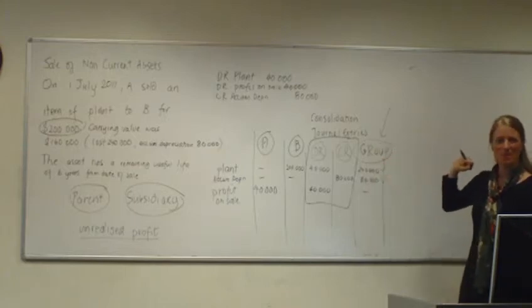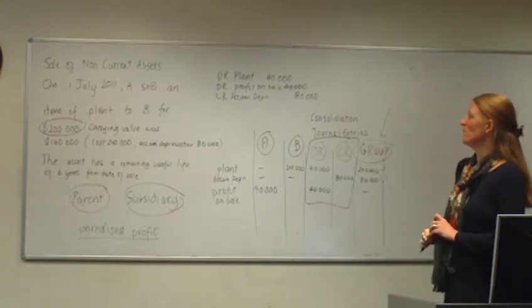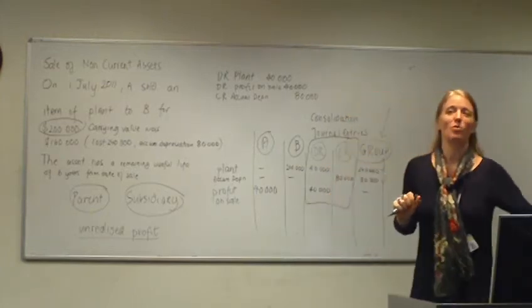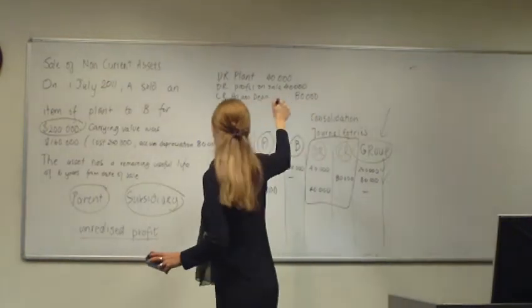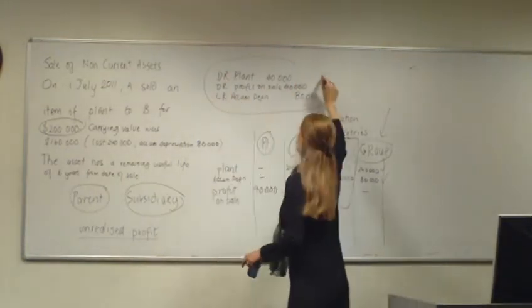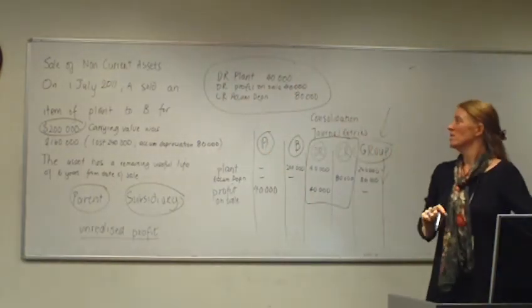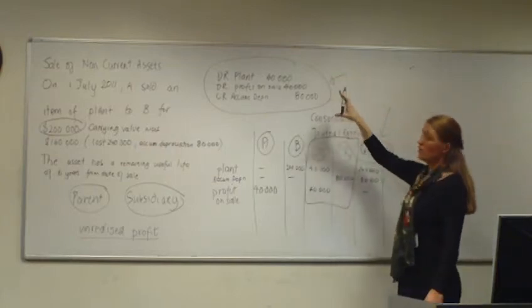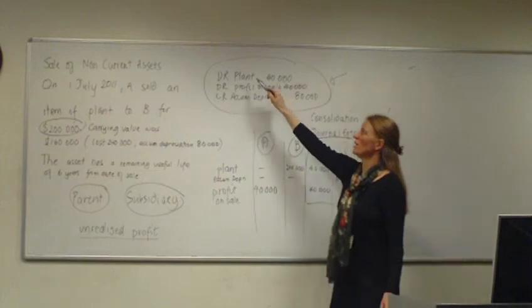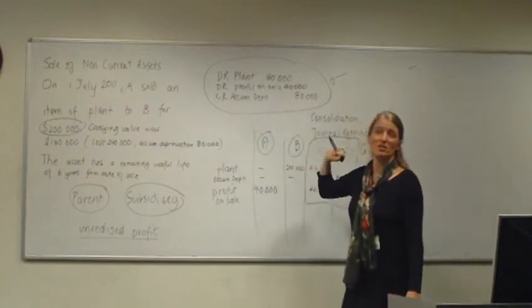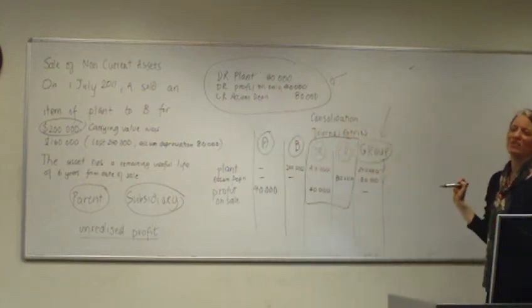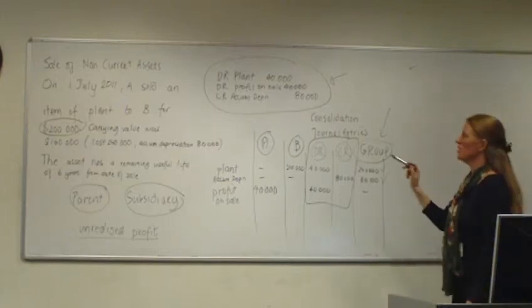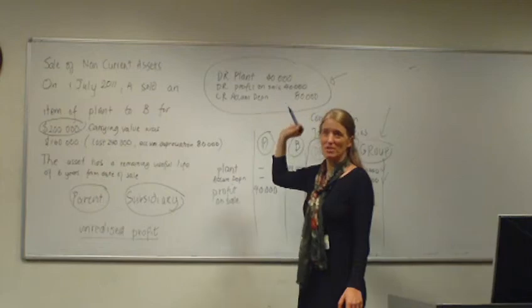Now I'm going to change the question, and I want you to work out the journal entry. Just a reminder that the wording of this journal entry is not always going to be the same, because sometimes we've got a profit and sometimes a loss.